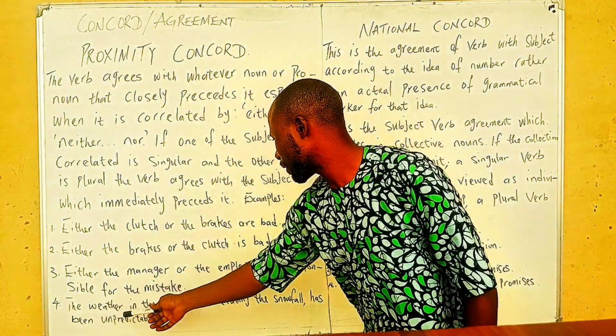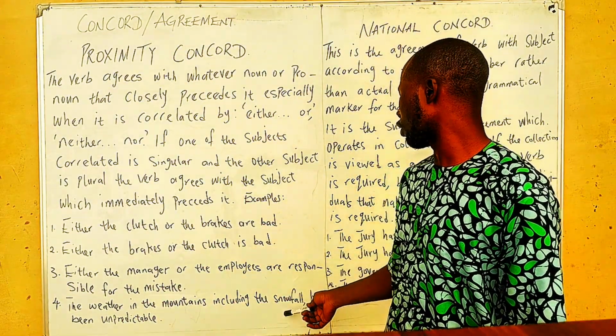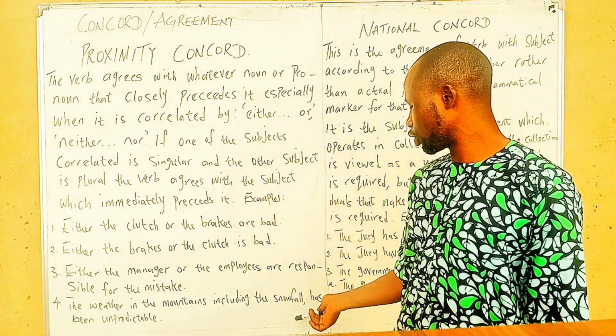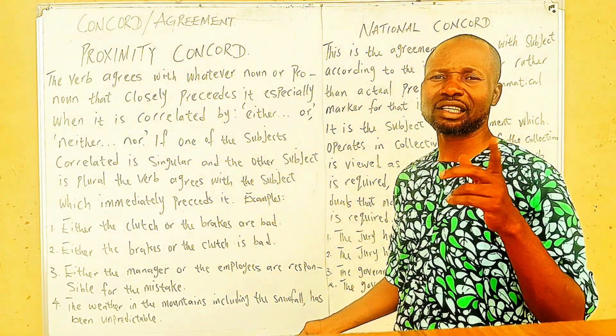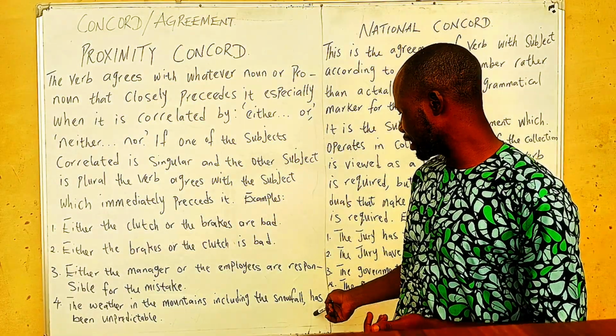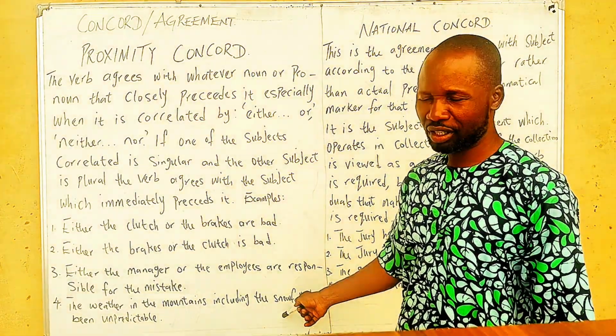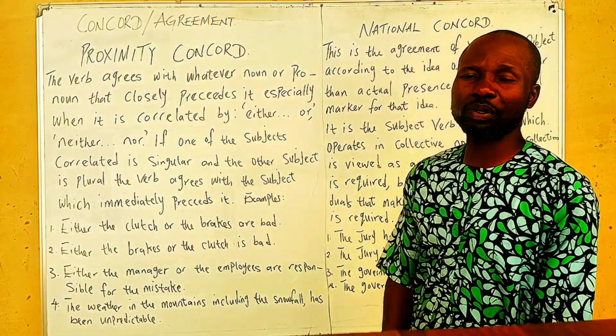Now, if you check, mountains is plural, including the snowfall. So you see, snowfall is singular because I can't say snowfalls. Therefore, has agreed with snowfall. Therefore, we have has been unpredictable.